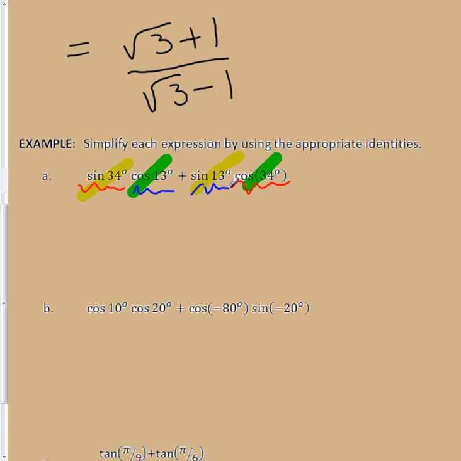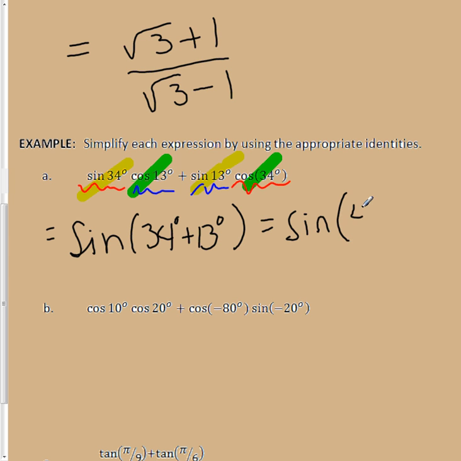There's my betas. That means this is going to become the sum of the angles. And so this is going to be the sine of alpha plus beta. So in other words, it's going to be 34 plus 13 degrees, which gives us the sine of 47 degrees.